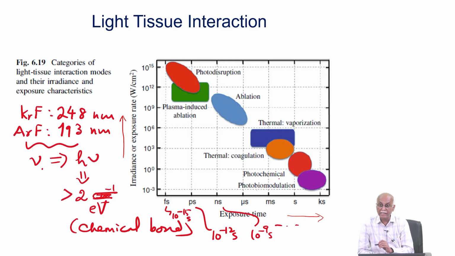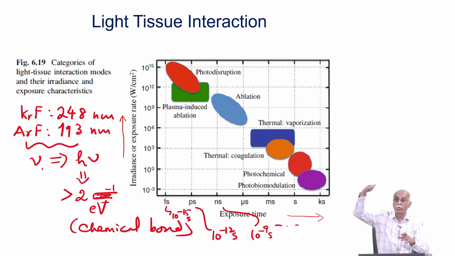photobiomodulation. What it means we will see in the next part, but it induces some type of interactions which do not allow the material to go to high temperature.